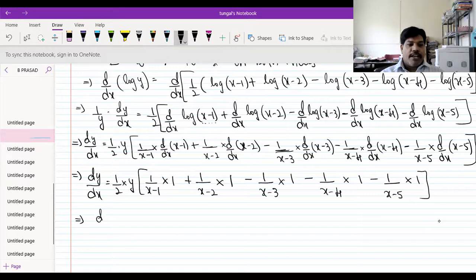dy by dx is equal to 1 by 2 into, what is the y value, students?